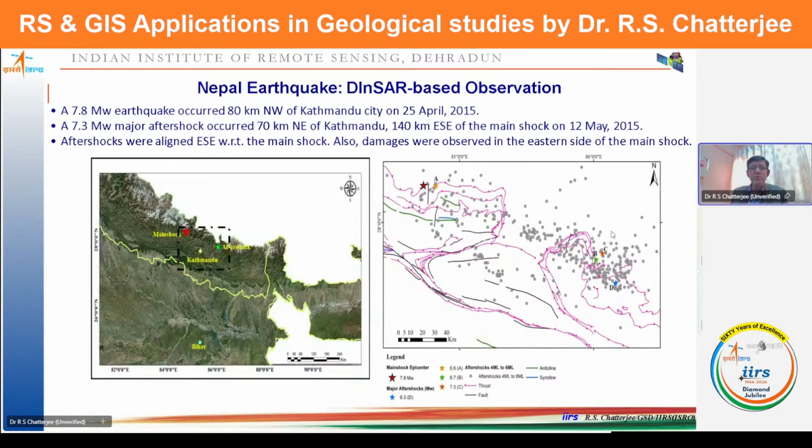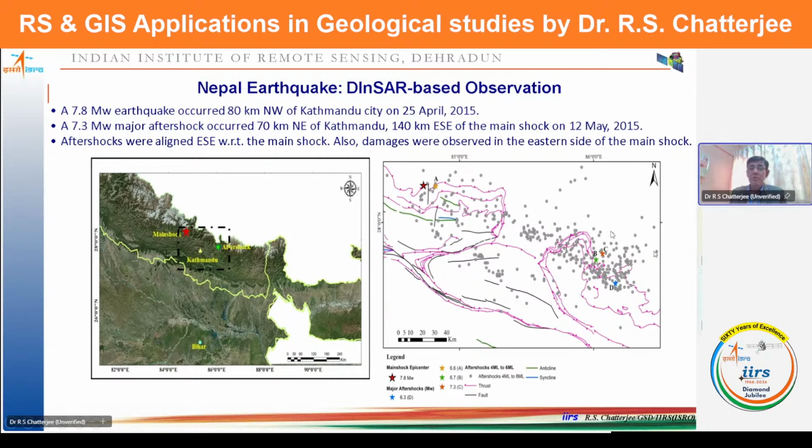Now coming to seismic hazards like earthquakes. Recently in Nepal a big earthquake happened: a 7.8 magnitude earthquake occurred 80 kilometers northwest of Kathmandu city. Kathmandu city is here, and here is the focus of the earthquake, on 25th April, near the village of Gorkha. There were a lot of aftershocks, shown as gray dots, and some of them were above 6.